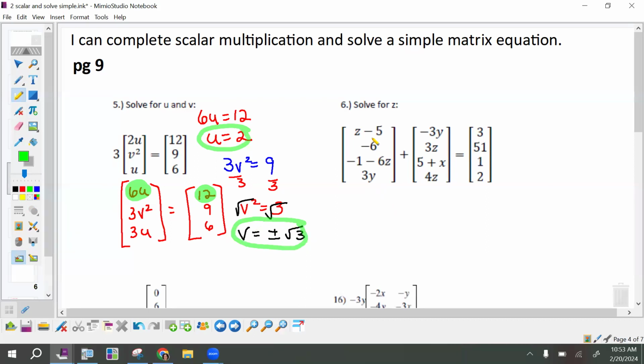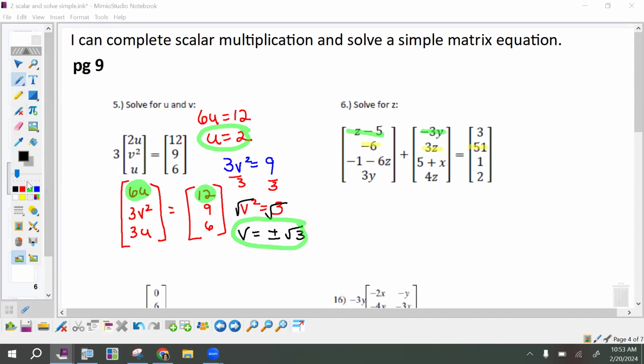All right, let's check out number 6. I don't see any scalars, and it just says solve for z. So I see a z in the first row, but if I add that with 3y, I'm going to have 2 variables. That's not going to get me anywhere. Let's check out this row. -6 plus 3z equals 51.